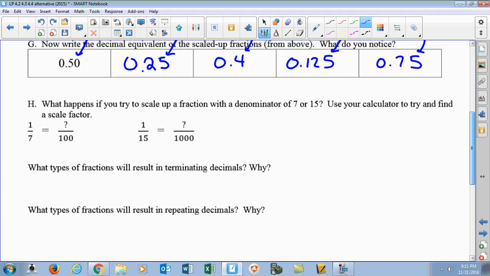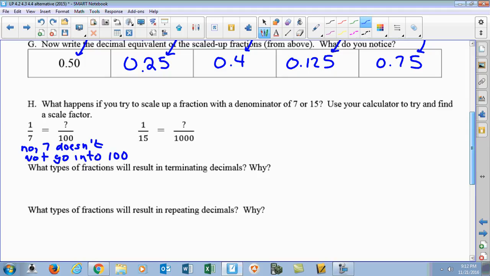That's not a nice whole number. If I did it the other way, 100 divided by 7, it's still 14.28. So there's no number times 7 that can give us 100, right? So no, 7 does not go into 100.